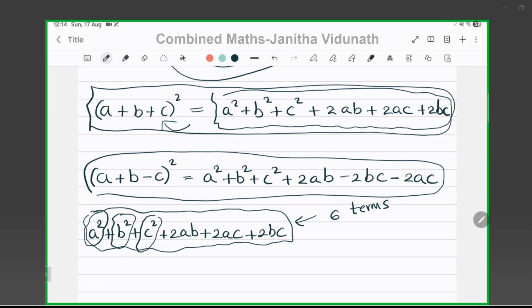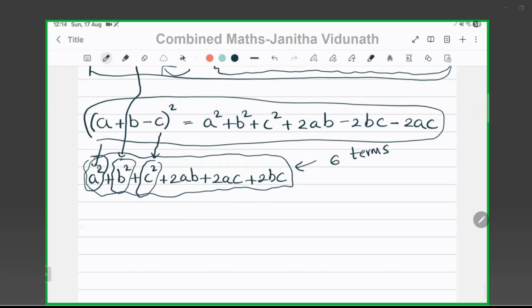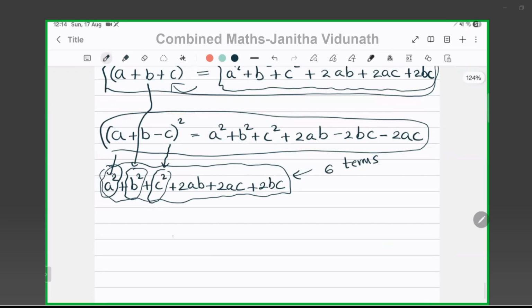Previously, we simply squared our term and got this term. We squared this term and got this term. We squared this last term and got this term. Okay. Now here, we need to find three terms that, when the whole expression is squared, give the final result like this.